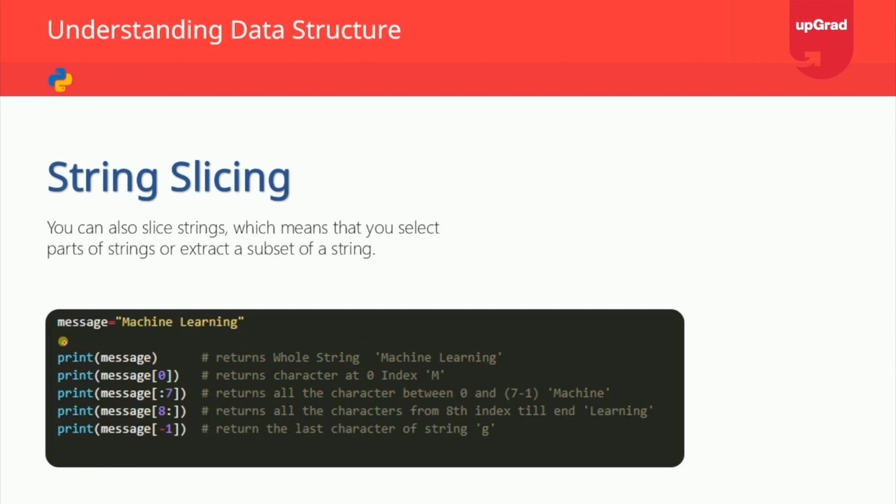Here I have a variable called message with the value machine learning. Remember, we have to visualize this machine learning as a character array, or a set of characters, where each character holds a specific index. Let us visualize this using the draw here. M A C H I N E, and then the space will also be counted here, and then learning.